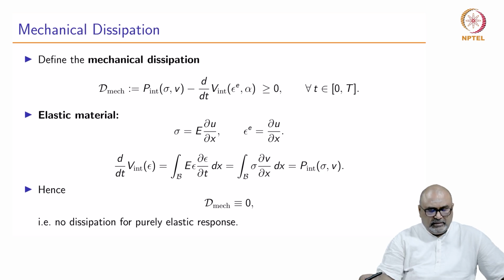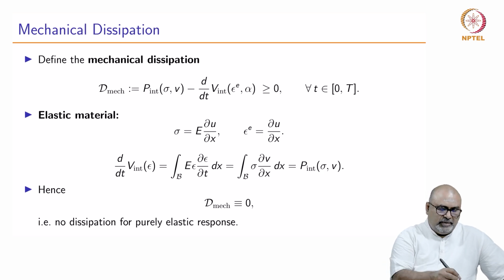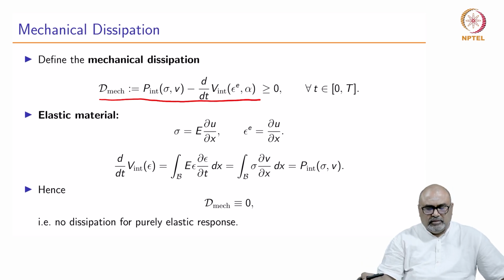Now, let us define the mechanical dissipation. The mechanical dissipation D mechanical is defined as P internal of sigma, v minus d/dt of V internal of epsilon E, alpha, and it must be greater than or equal to 0.